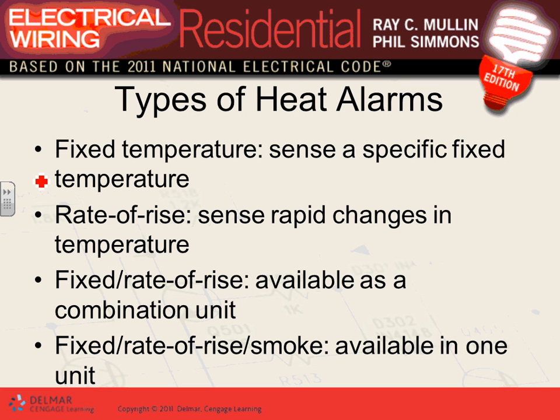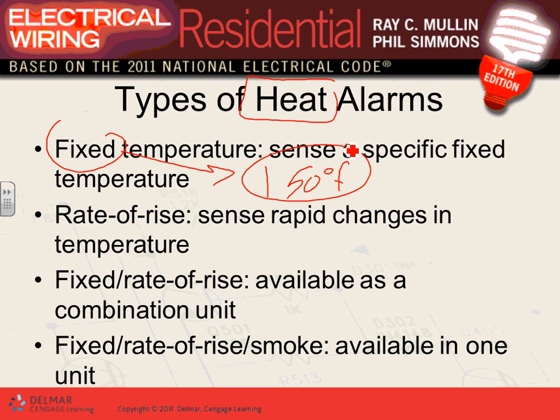Heat alarm. Here's how they sense the heat. They call it a fixed temperature sensor, a specific fixed temperature. Like if the temperature goes higher than 150 degrees Fahrenheit, I'm just throwing out this number, a sensing device sitting there is not looking at smoke, it's looking at heat. If it sees a high temperature like 150, 200, it will go off.